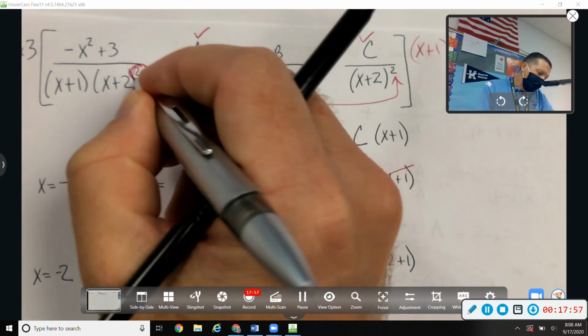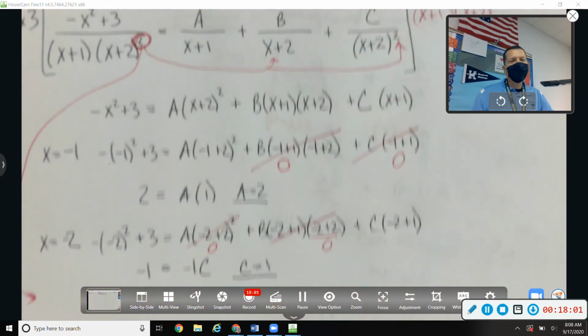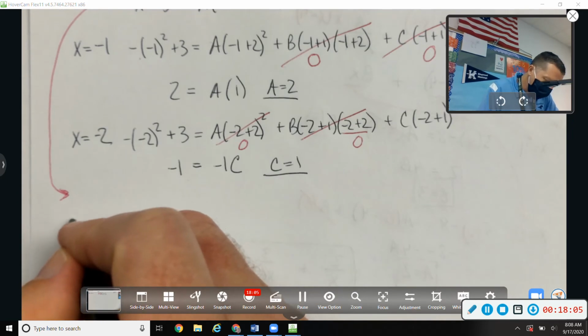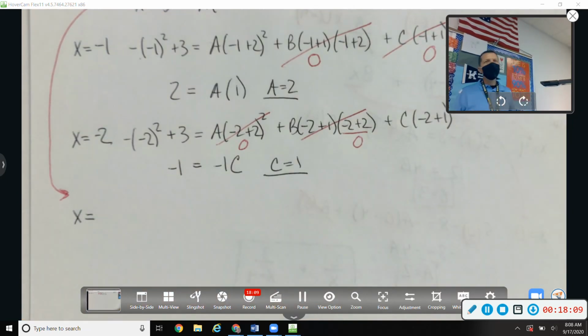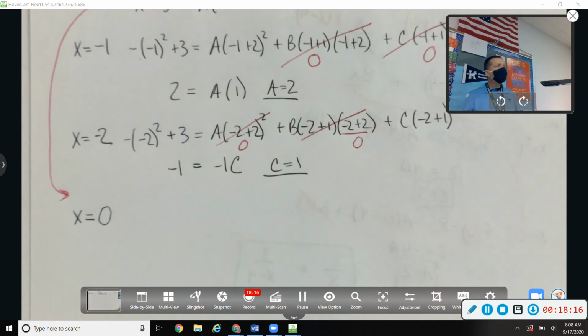You're going to have an extra value of x that doesn't work as well. So I'm going to pick anything else I like. It's not going to make anybody be 0, but I've got to pick something. I'm going to pick 0. You could pick 10 or 12 or pi or anything crazy you want, but 0 is the best way to go.